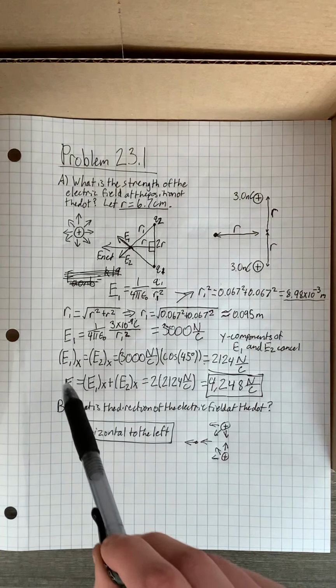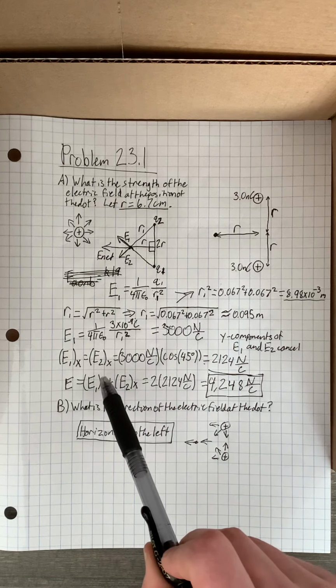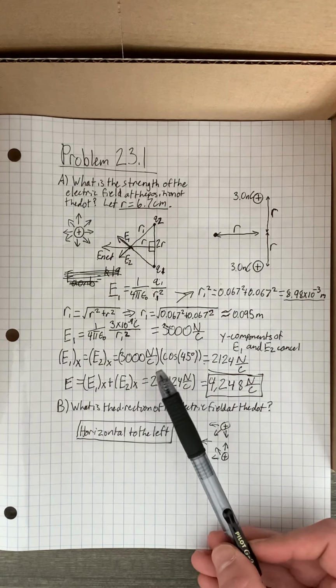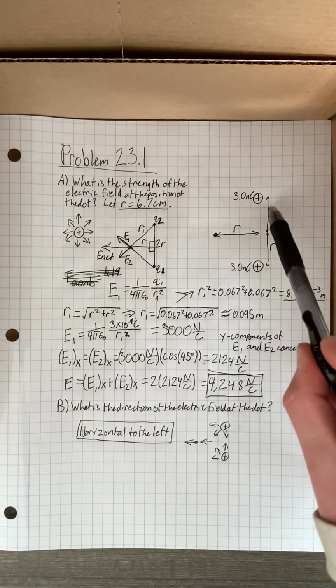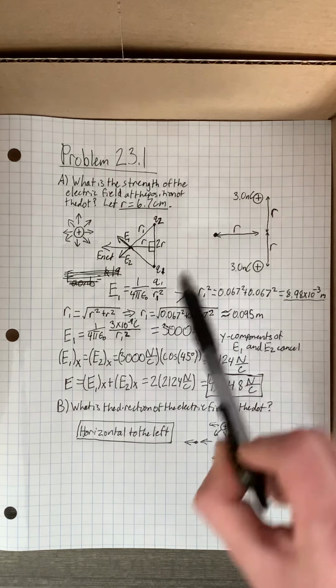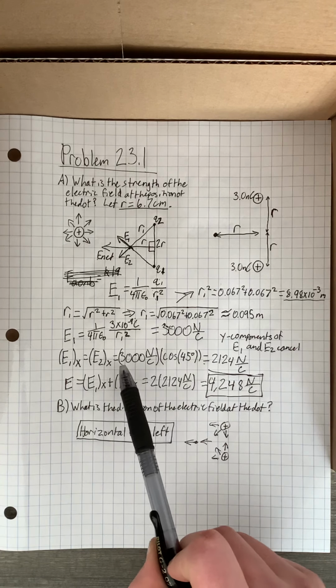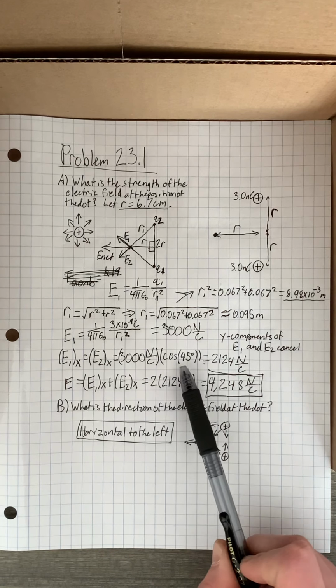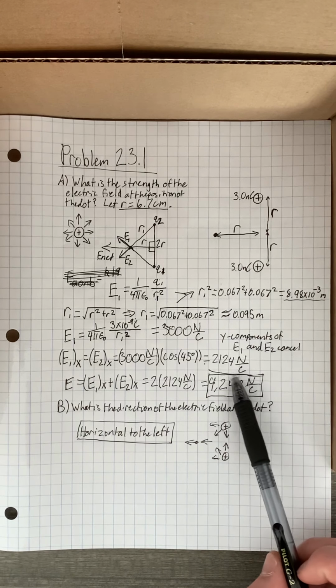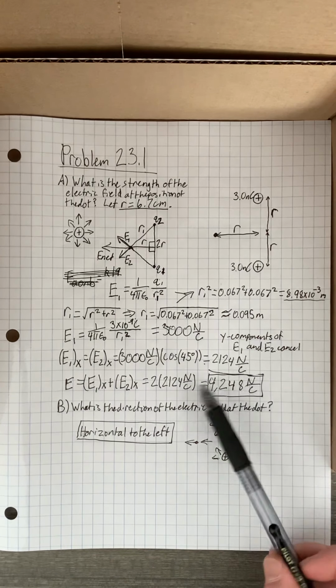The x component of the electric field is equal for both point charges. Because these 2 sides are the exact same length, this is 45 degrees. So we multiply this by cosine of 45 degrees, and we get 2,124 newtons per coulomb.